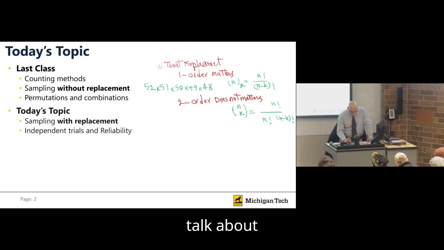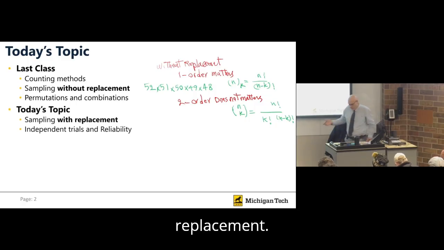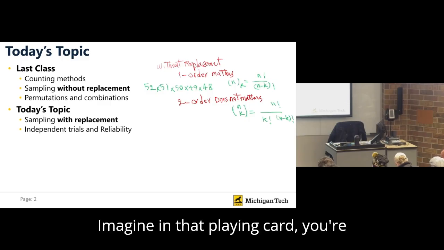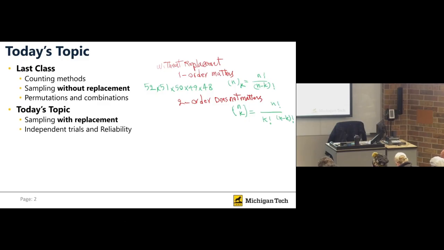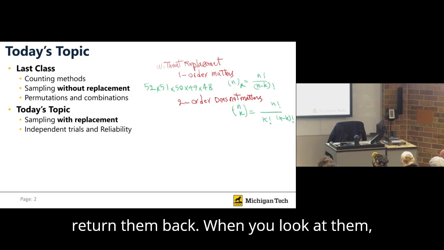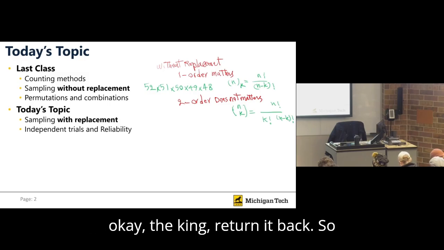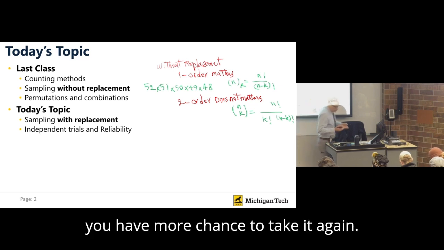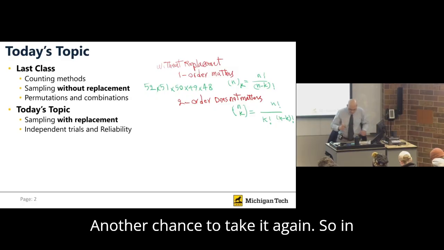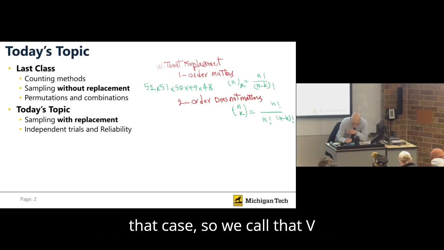Today we want to talk about with replacement. Imagine in that playing card example, you're taking 5, but returning them back. When you look at one, okay, it's a king. Return it back, so you have another chance to take it again. In that case, we call that with replacement.